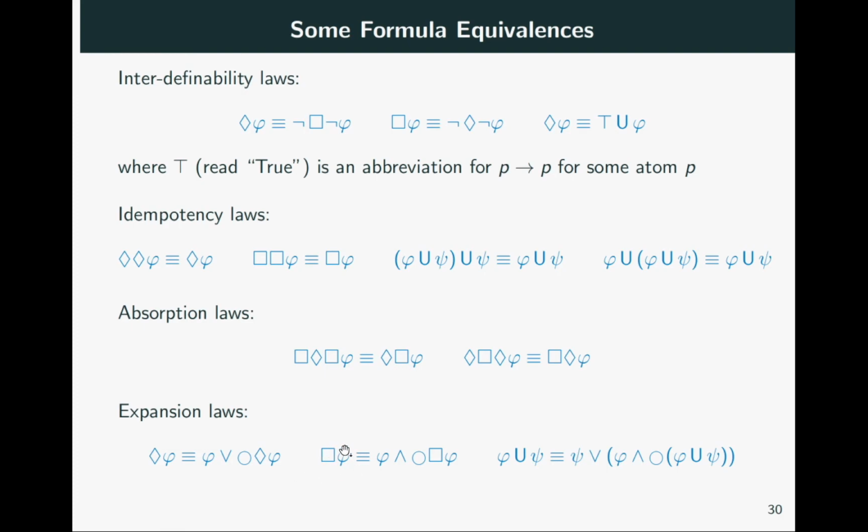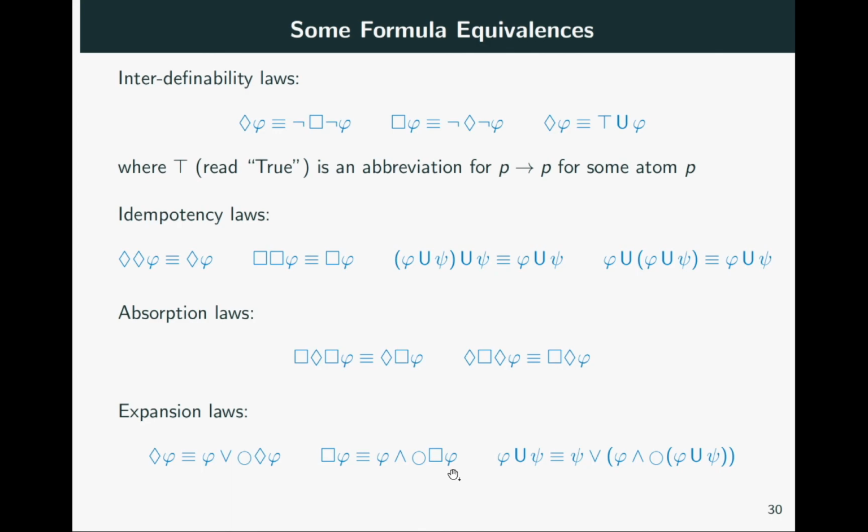Similarly, always phi means that phi holds both now and strictly always in the future. In other words, always phi is equivalent to phi and next always phi.